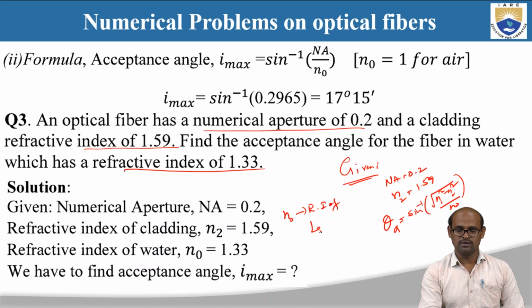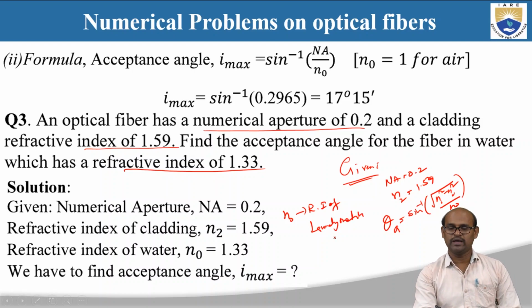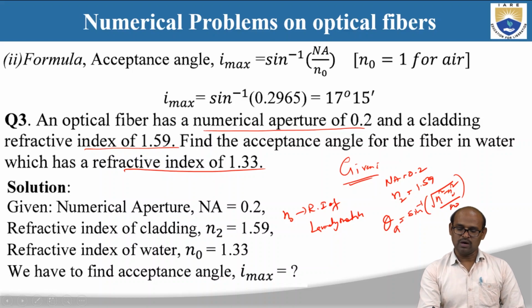If you take air as the launching medium, then the refractive index of air is 1, so you don't need to take n naught, it is automatically 1. But now they have given the launching medium as water, so you have to substitute the refractive index of the launching medium, which is water, so that is 1.33.